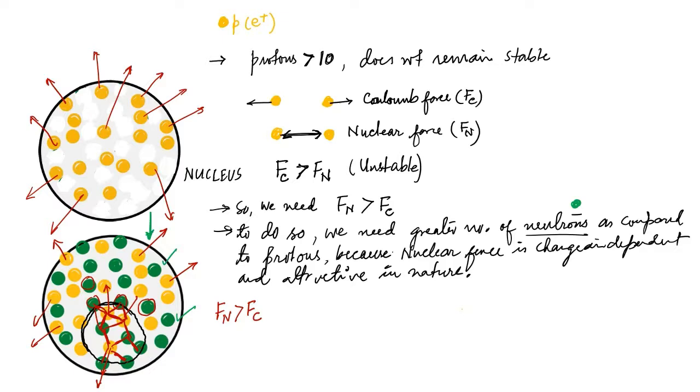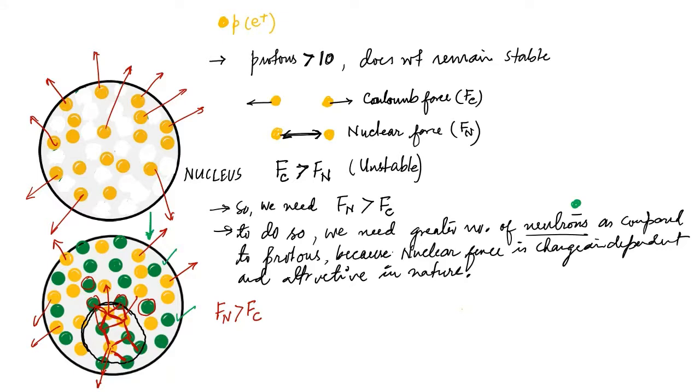If we add more protons, the Coulomb repulsion will be more, so the system will not be stable, until we put in more neutrons, because the nuclear force is charge independent. It doesn't differentiate between proton and neutron. So the number of attractions between the nucleons increases, and this overpowers the Coulomb repulsion within that short region. That's why the system as a whole becomes stable.